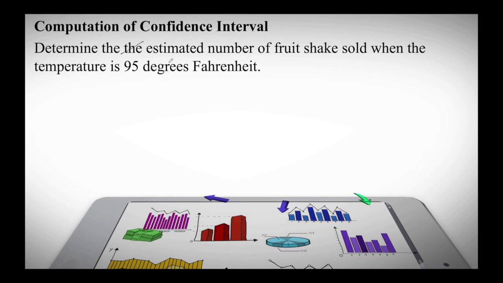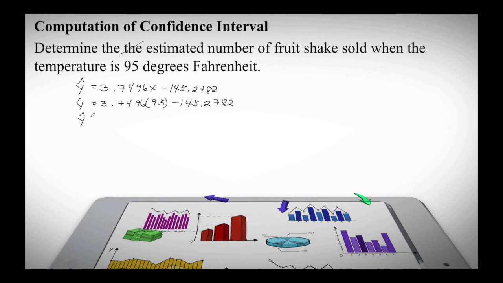Let's have the solution for that. Y hat equals 3.7496x minus 145.2782. Substitute x with 95: 3.7496 multiplied by 95 minus 145.2782.